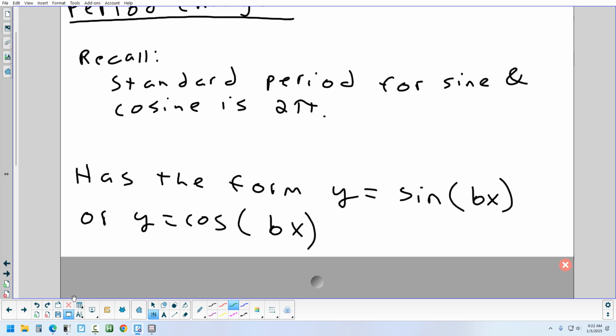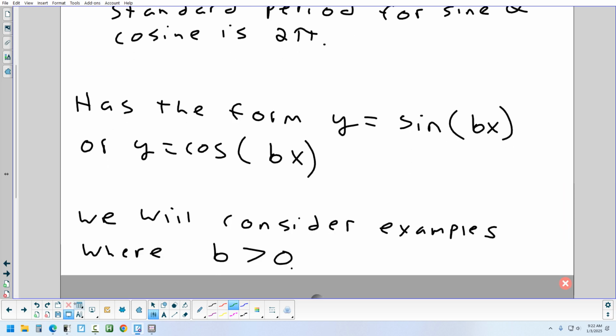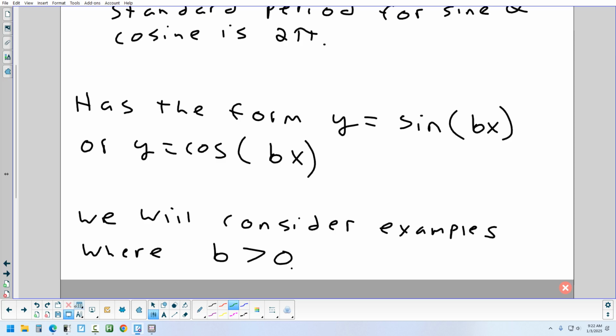That's why I use the letter B. So it is a stretch, and it is a stretch horizontally. We're generally going to focus on examples where B is greater than 0. We could do less than 0; it would just cause a horizontal reflection. But for these particular graphs, we're not going to worry about horizontal reflections.